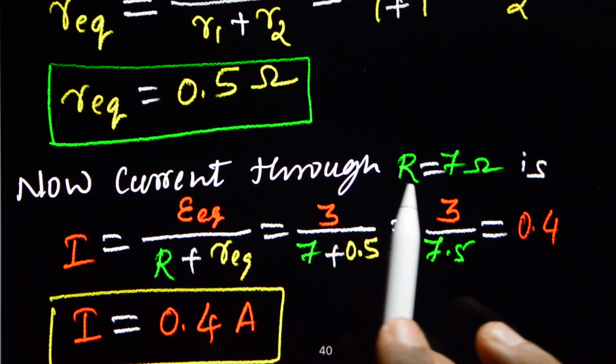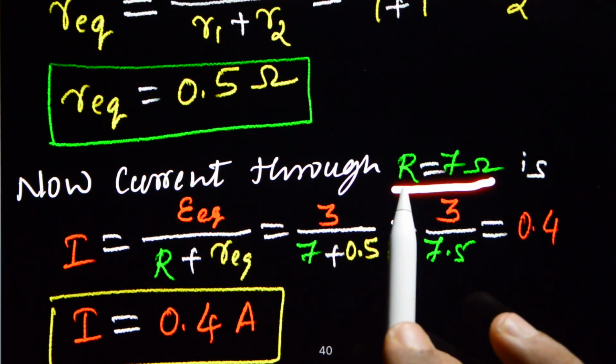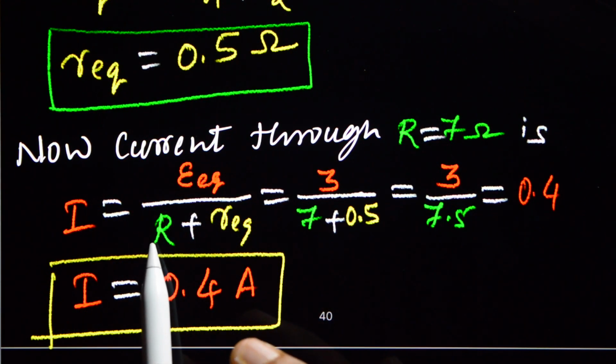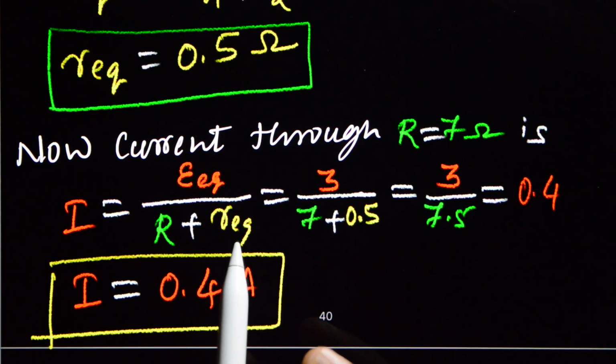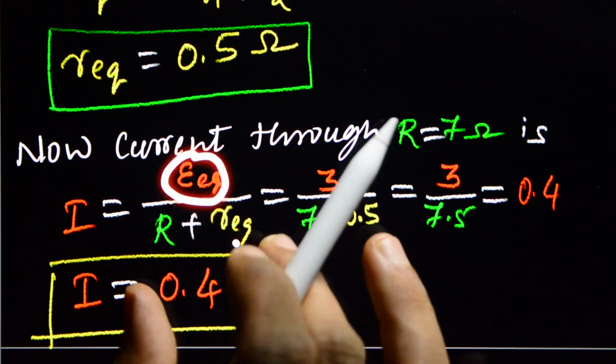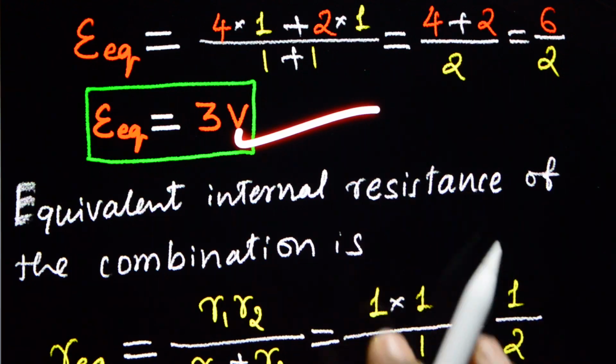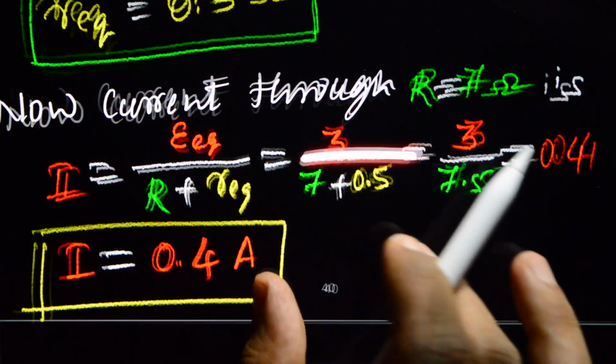Now current through the external resistor, that is 7 ohm, is I is equals to E equivalent by capital R plus small r equivalent. What is E equivalent? E equivalent value is 3 volt, divided by 7.